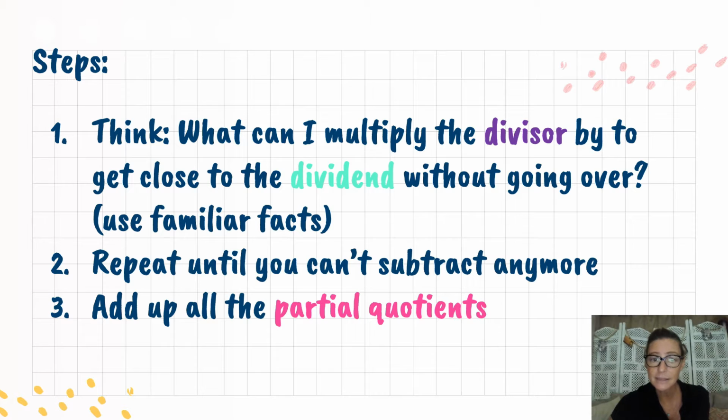Then we repeat this until you can't subtract anymore. You keep thinking of facts, familiar facts, multiples that are getting you close to the dividend. Then you do your subtraction. And once you've done that, you're going to add up all the partial quotients to get your final quotient.